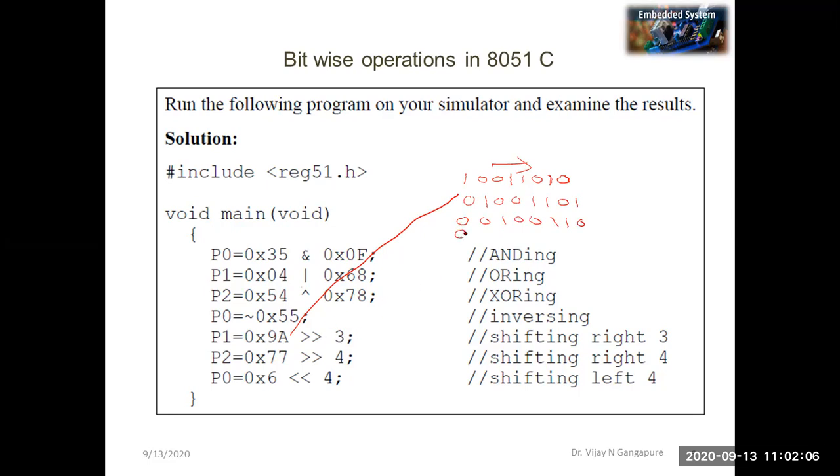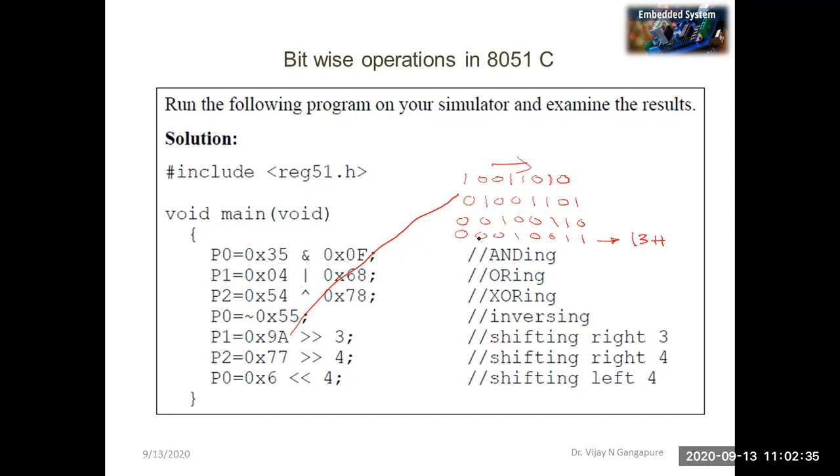So again 0 0 0 1 0 0 1 1. So this data in hex is 1 3. So 1 3 is the result after shifting this 9a by 3 position towards right, and that will be outputted to P1.